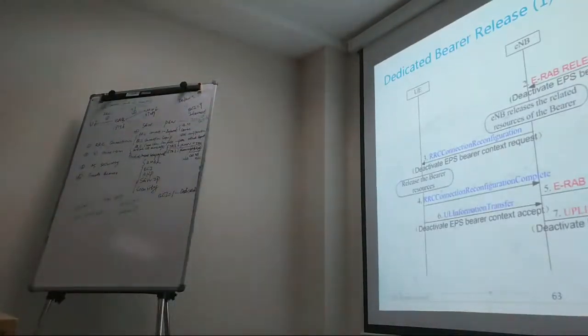So the release command is in the RRC connection reconfiguration. This is for the dedicated bearer release. The default bearer release uses the RRC connection release message, because now we only release the dedicated, we don't release the default E-RAB. If we go to idle state, we need to release the default E-RAB.